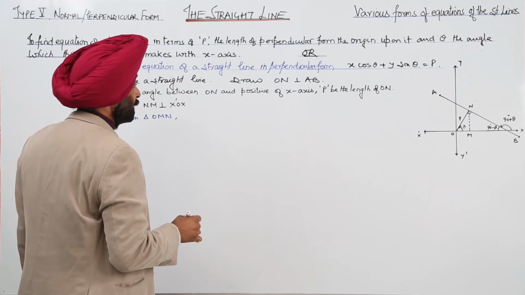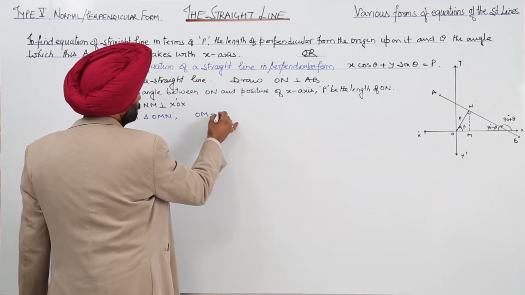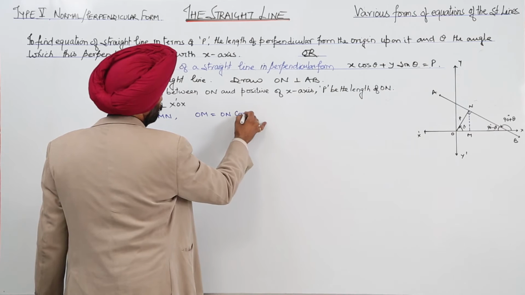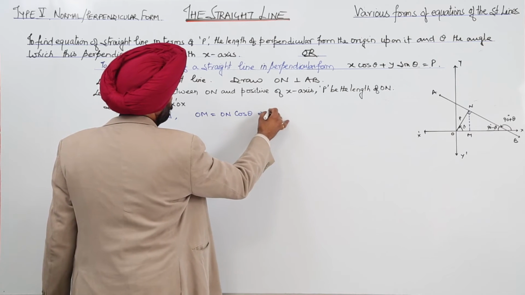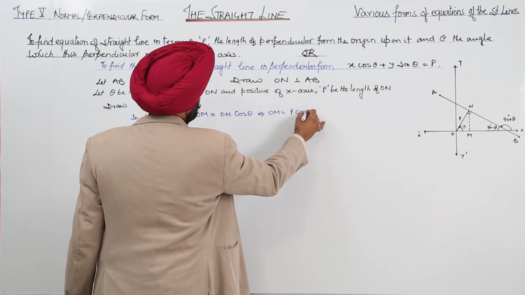In triangle OMN, OM is equal to ON cos theta, so OM is equal to P cos theta.